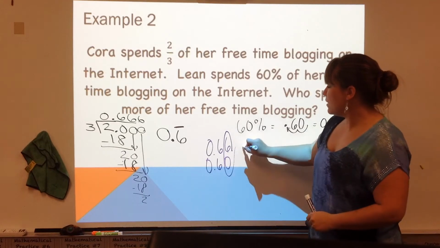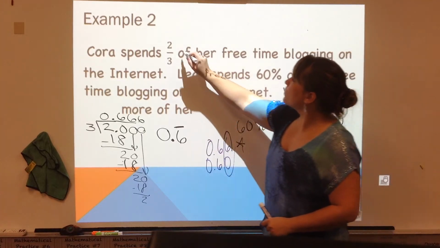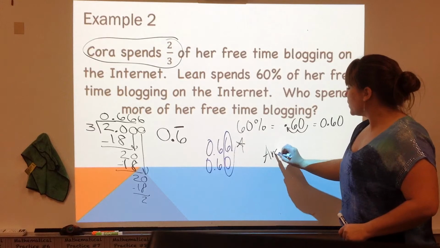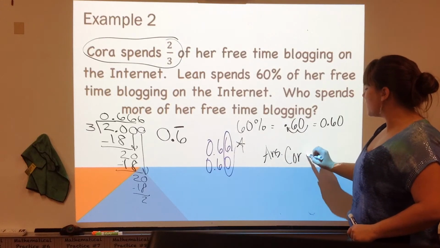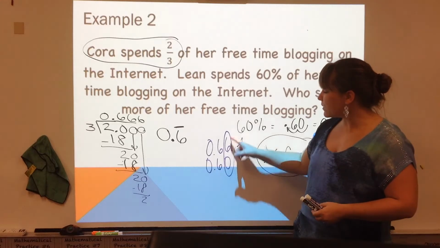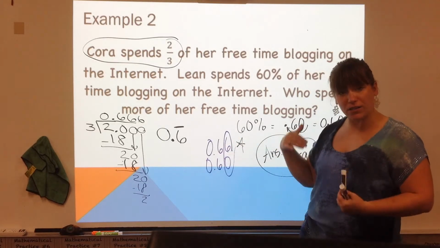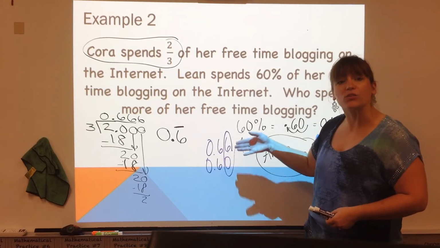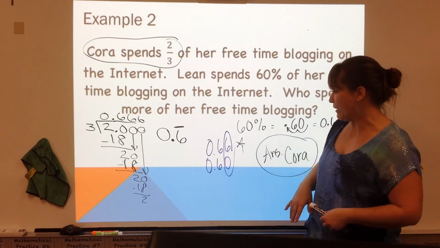That would be the 2/3. Who was the 2/3? It was Cora, so our answer is Cora spends more time blogging on the internet. So sometimes you're going to have to compare the tens place on our example 1, but other times you're going to have to look to the next place value place where the numbers are different to compare.